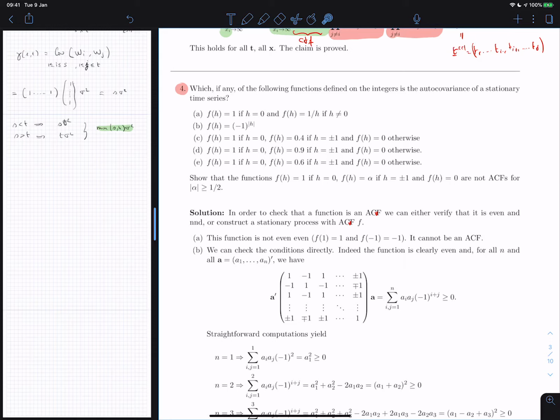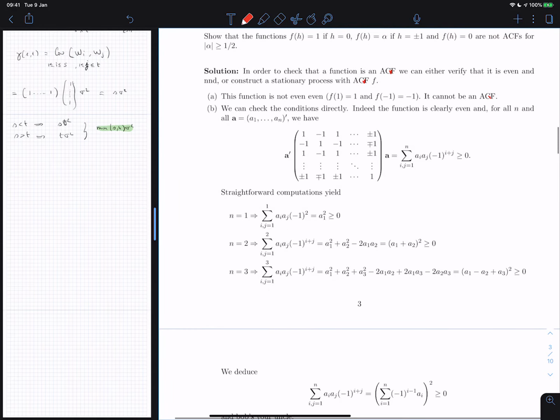Therefore, because it's not even, it cannot be the autocovariance function of anything, because if it were an autocovariance, it would be even. I'm pretty convinced by this. Okay, everybody seems convinced. Next one.